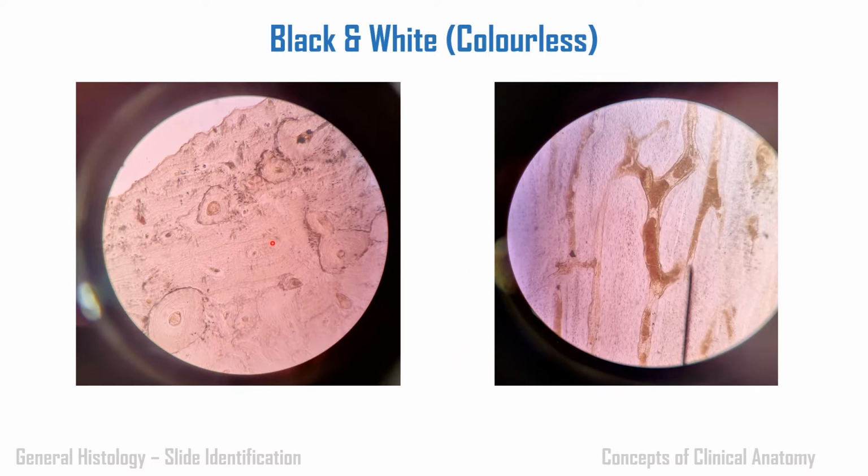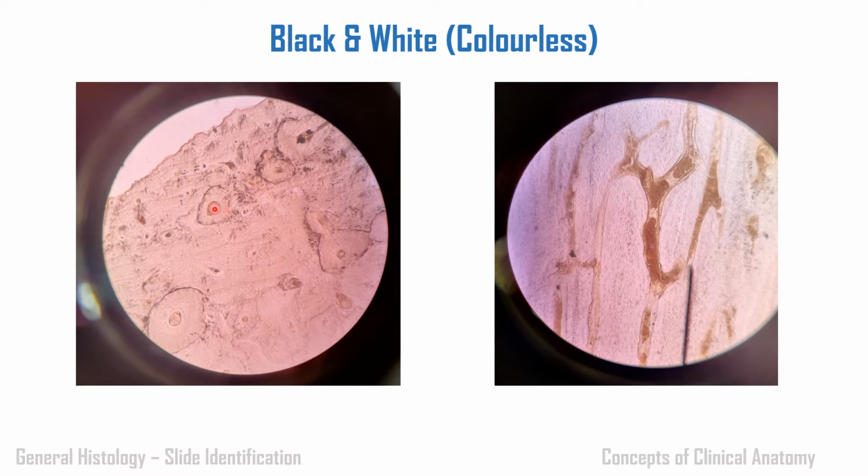As I already said, this is a colorless or black and white image. It is very easy to identify this in the spotter because all other slides are stained with hematoxylin and eosin. Here we'll get a plain black and white colorless image or a few yellowish colors in between. So these two are the slides of bone.